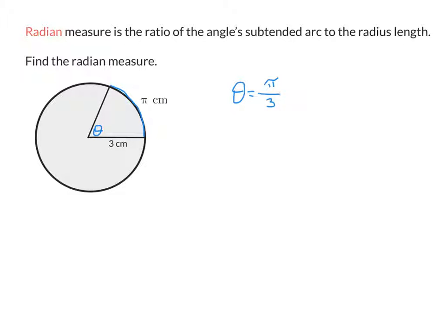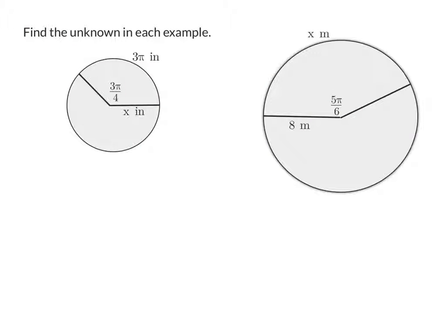This information can apply to help us find other measures, and we'll see that on the next slide. In these examples, our unknowns are in different locations. In the top left example, my unknown is on the radius of the circle. From the previous slide, we talked about the formula to find the radian measure, which we can apply to find the other missing pieces.